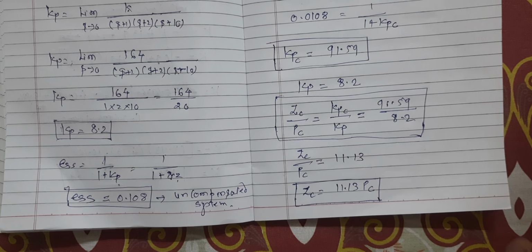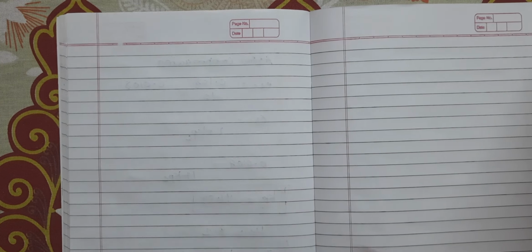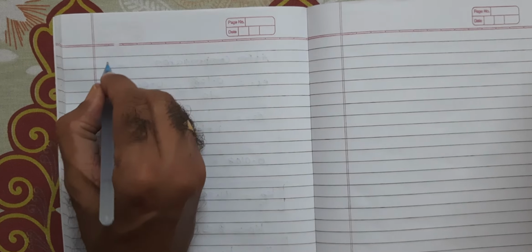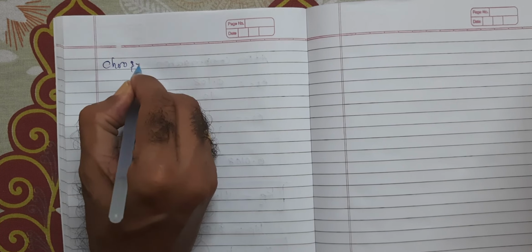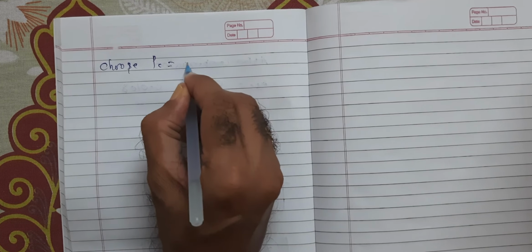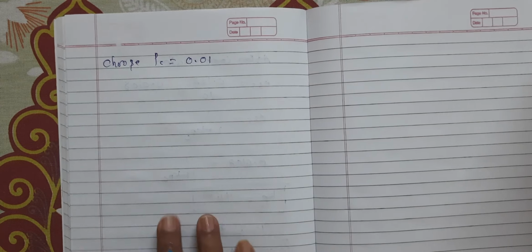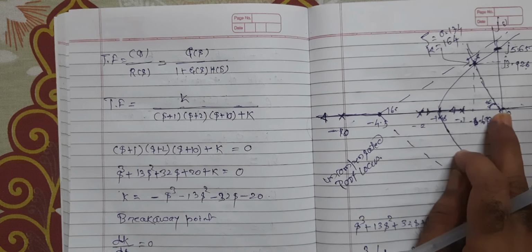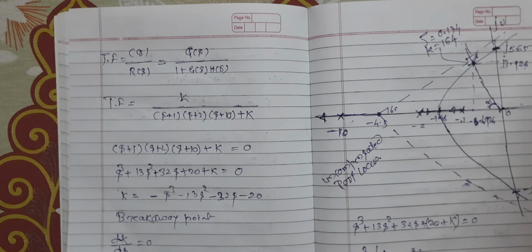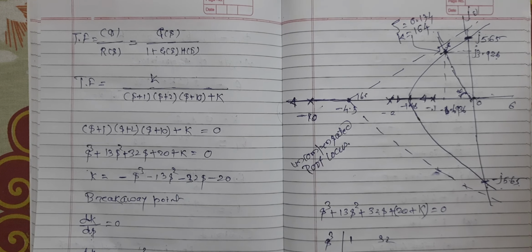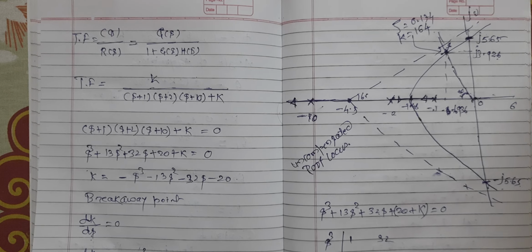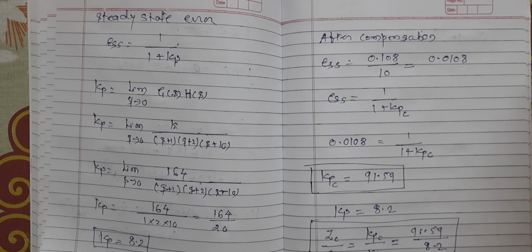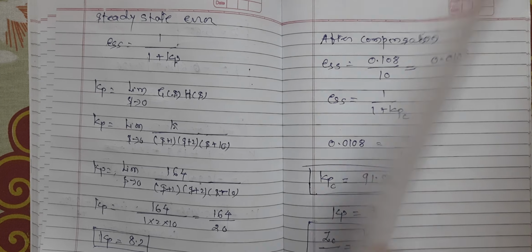Now choose PC equal to 0.01, which is nearer. Always you have to remember, choose PC equal to 0.01, which must be nearer to the origin. The pole in the lag compensator must be as near to the origin as possible.